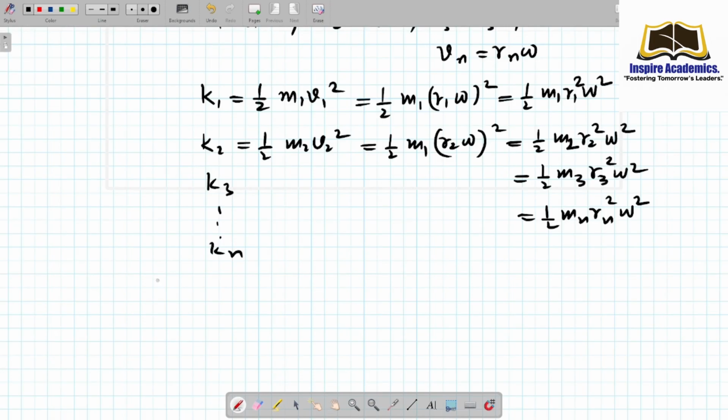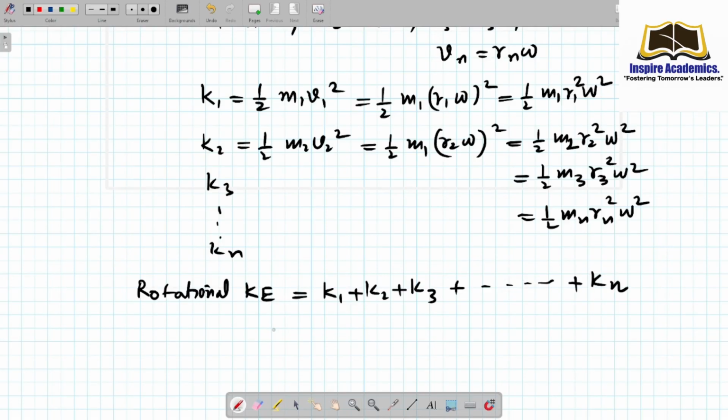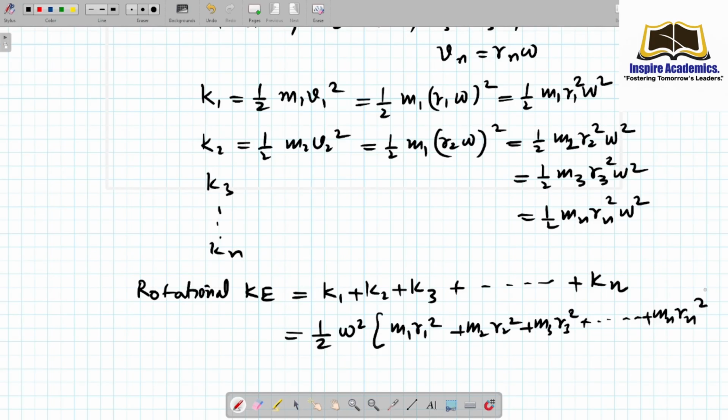So the total energy of the particles, the final rotational energy, rotational KE, would be K1 plus K2 plus K3 and so on plus Kn, which is the same as half omega square times the sum: m1 r1 square, m2 r2 square, m3 r3 square and so on plus mn rn square.